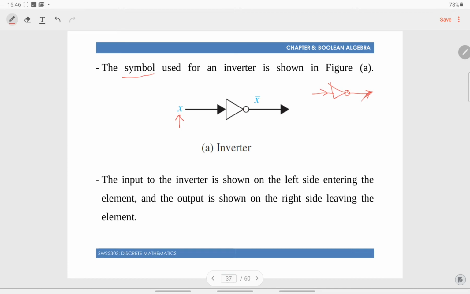The output is the complement of the given input. If the input is 1, the output is 1 complement, which is 0. If the input is 0, the output is 0 complement, which is 1. The input to the inverter is shown on the left side, entering the element, and the output is shown on the right side, leaving the element.